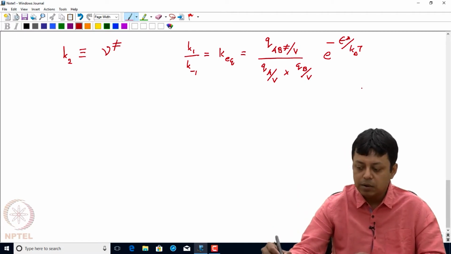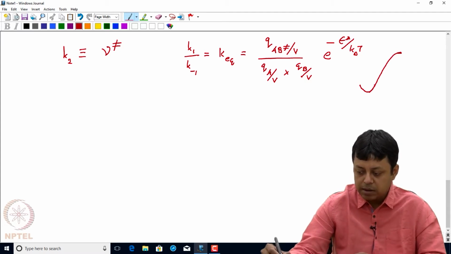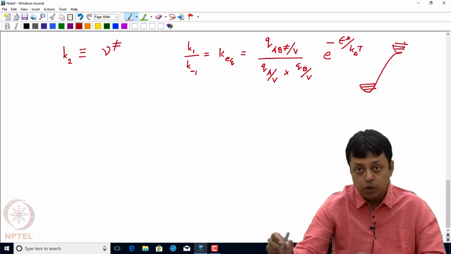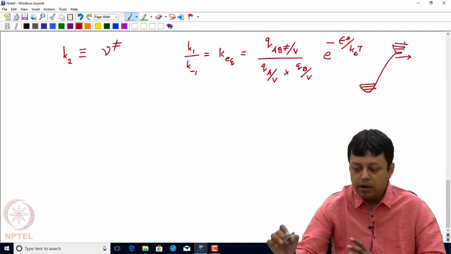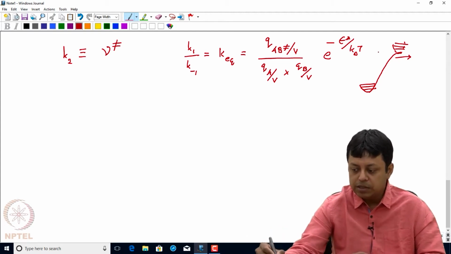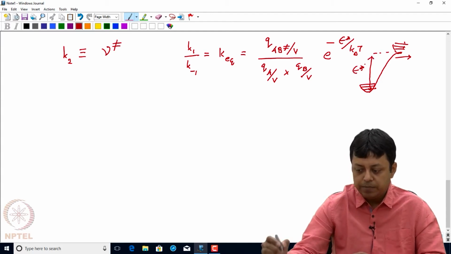In this case, it's the 0-point energy difference between the reactants and the transition state. The reactant has some vibrations and the transition state also has vibrations, but remember that these vibrations are orthogonal to the trajectory, because along this direction if it vibrates it will just fall apart. So right now I am talking about all vibrations in the transition state. So this 0-point energy difference is the E star here.